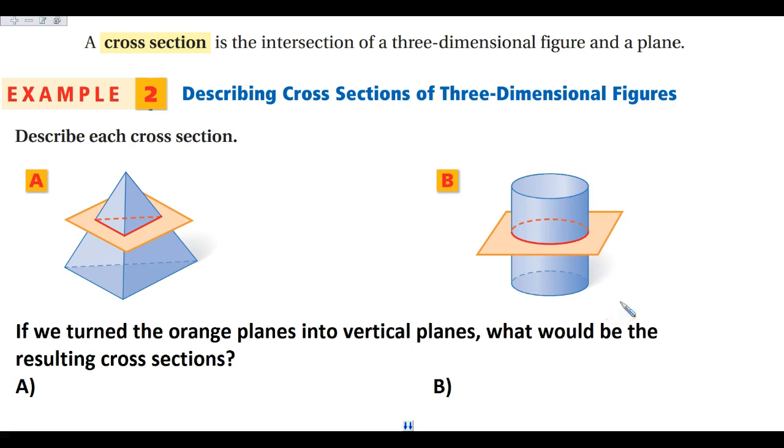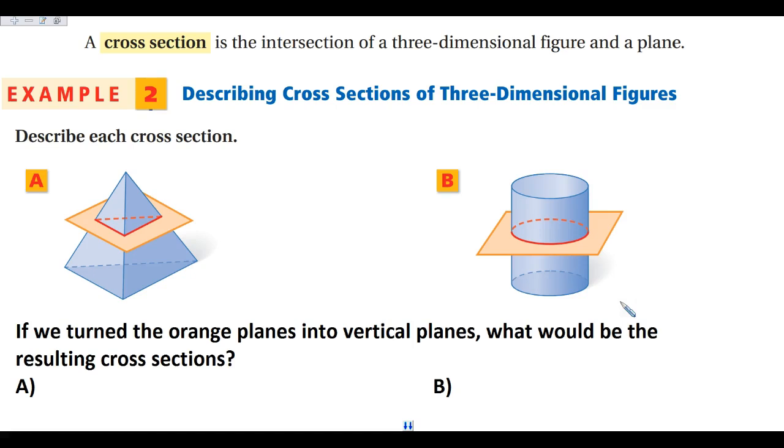Okay, next thing we're going to look at is cross sections. A cross section is what happens when you take a 3D figure and just slice it. Think about an orange.